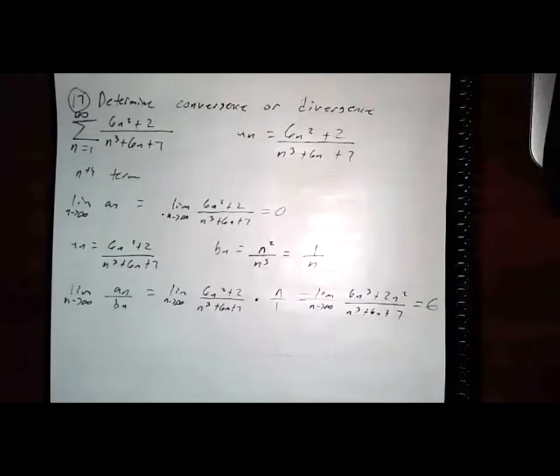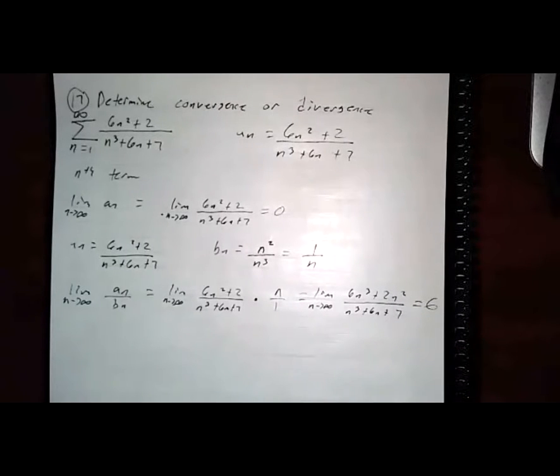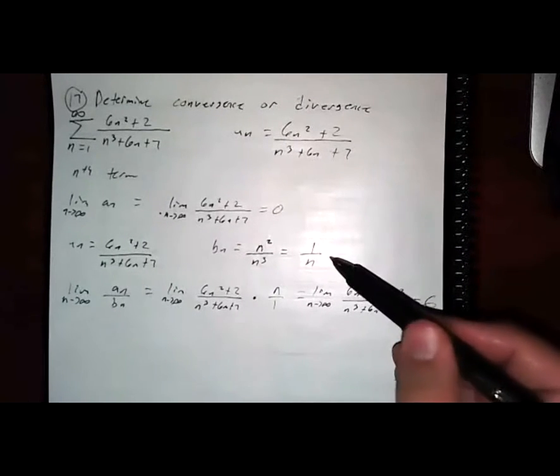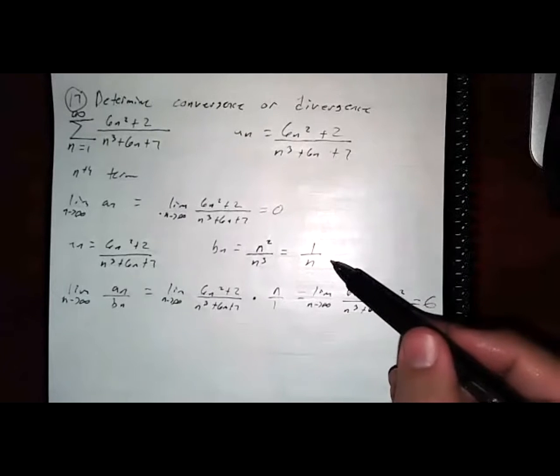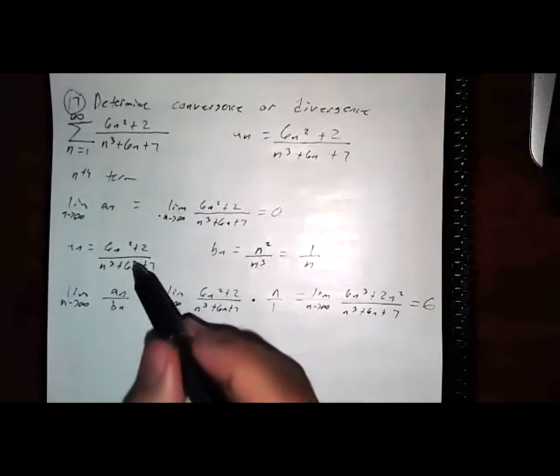So this test says that if the limit is positive, greater than 0, and finite, which it is, we got 6, then both series either converge or diverge. This clearly diverges because it's a divergent p-series, so that means that this one also diverges.